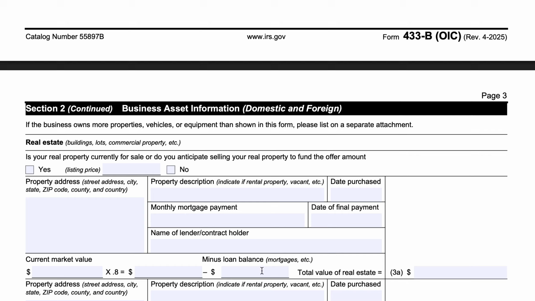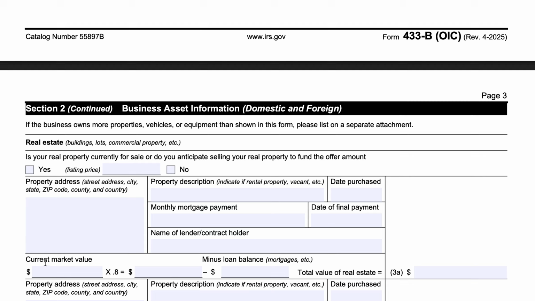You want to make sure that that figure is accurate and represented fairly. You do want to make sure that you do the calculation that the IRS authorizes you to knock 20% off of the estimated current value of your property, because again, the interest here is to make sure that you're representing things fairly and accurately.